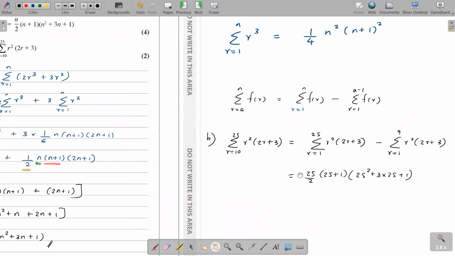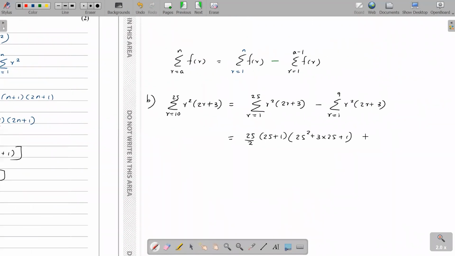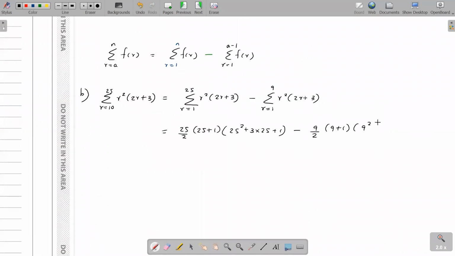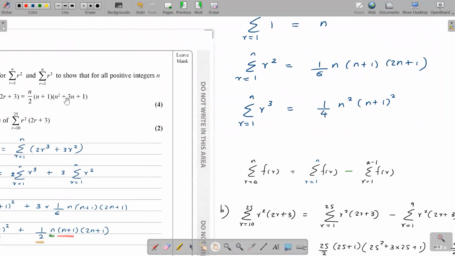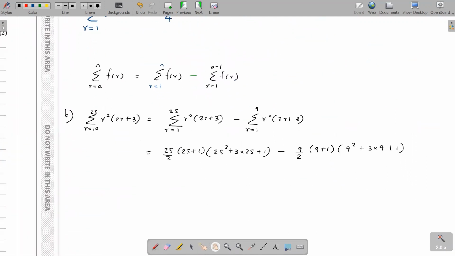Okay, and then that should be subtracted with, tell me, yeah? 9 over 2, 9 plus 1 is 10 into 9 squared plus 3 times 9 plus 1. Am I correct? I replaced all the n values with 9. 9 squared, correct, right? Plus 3 times 9, all the n should be replaced. Plus 1.